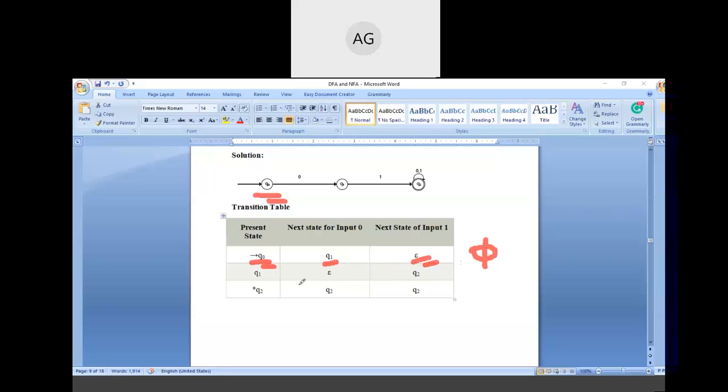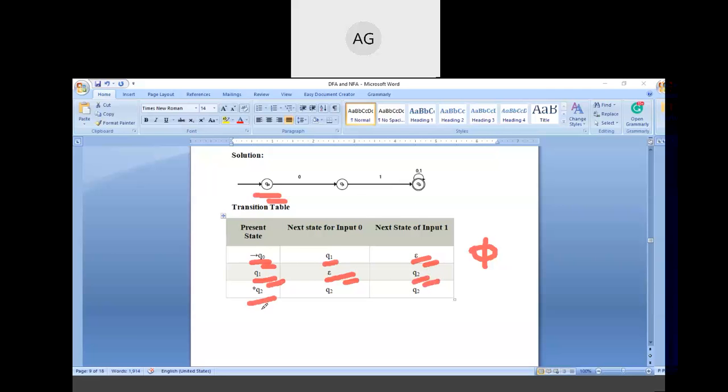Now on getting Q1, you can see that there is no transition on getting input 0 on the state Q1. So we can write phi here. On getting input 1 on the Q1 state, we move to Q2 state.